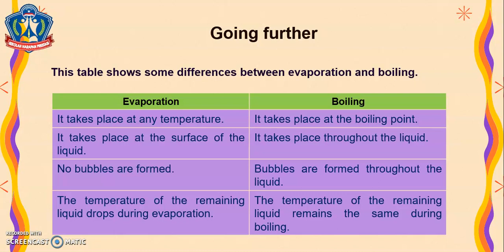No bubbles are formed in evaporation, while in boiling, bubbles are formed throughout the liquid. The temperature of the remaining liquid drops during evaporation, while in boiling, the temperature of the remaining liquid remains the same. Can you see their differences, children?